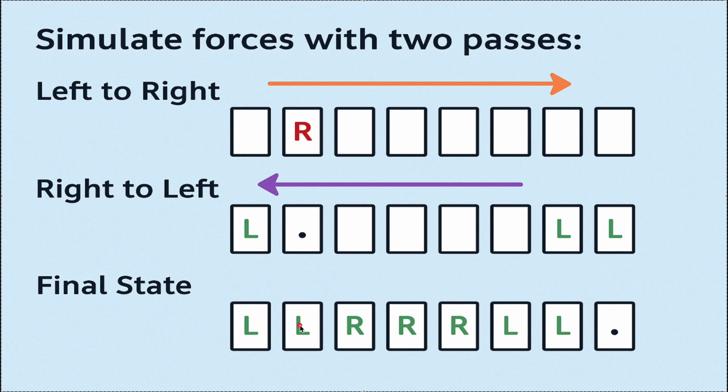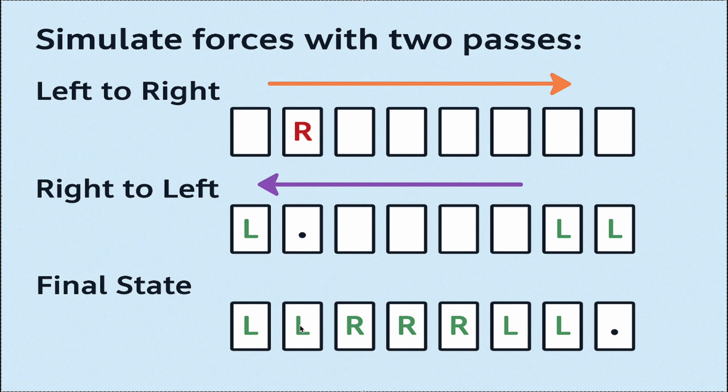So we simulate how force propagates through the dominoes. R pushes rightward until L ends its hit, and L pushes leftward until R starts its hit. When both right and left affect a domino at the same time, the closer one dominates, right? If equally distant, then it stays upright due to the equal forces.